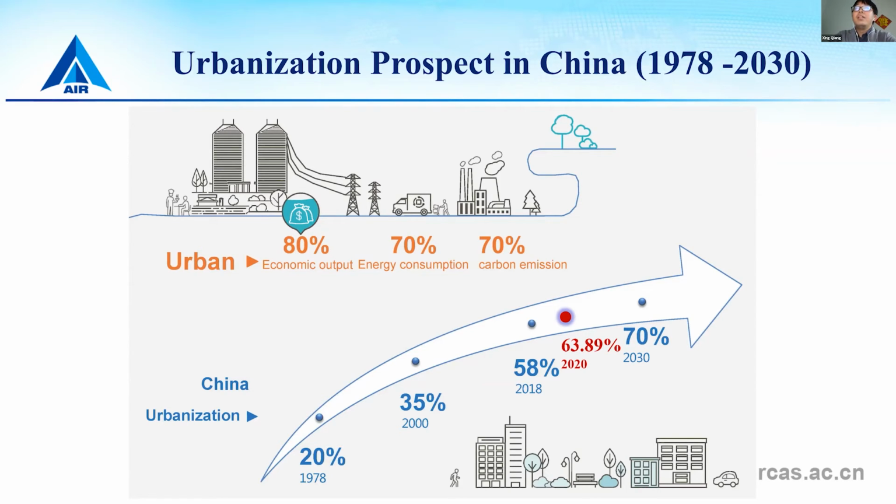And in 2030, we predict it may become 70%. And you know, this urban area not only produces 80% of economic output, but also 70% of energy consumption and carbon emission. So this is a very important aspect for sustainable development goals.